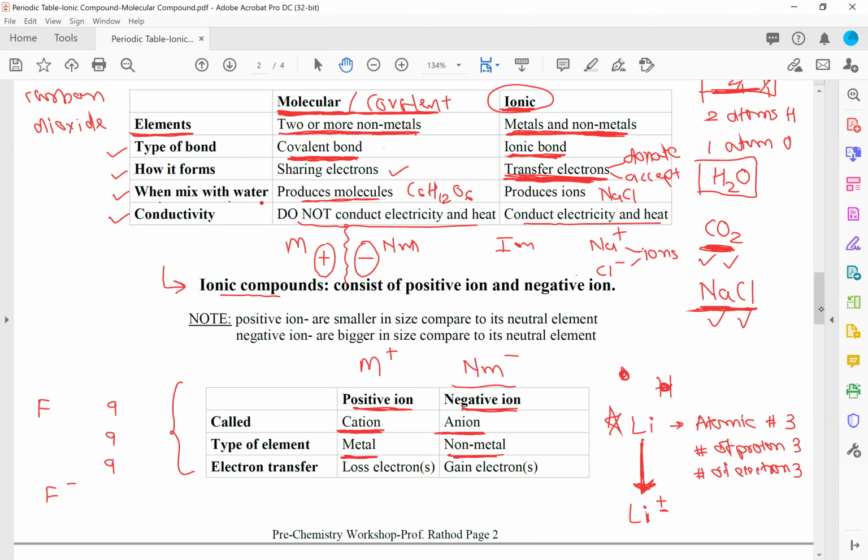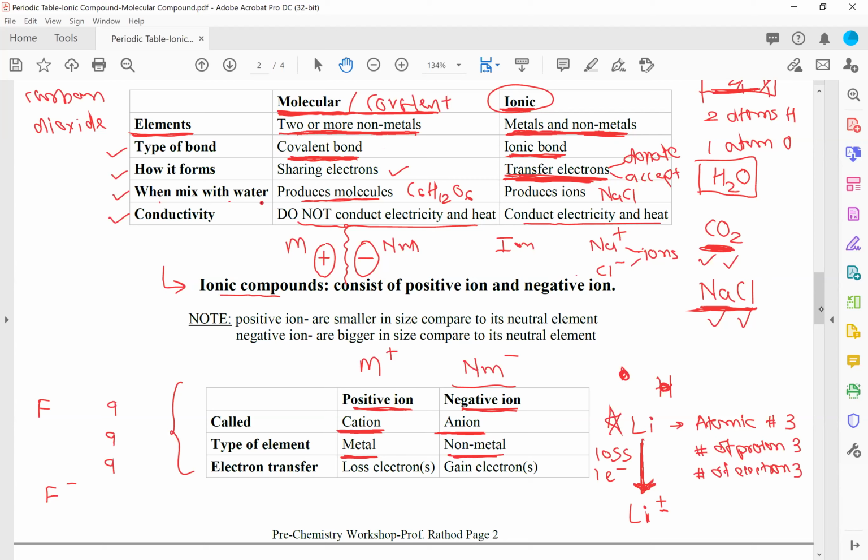So if lithium loses one electron, I write e minus because an electron carries negative charge, then it can become a lithium ion, Li plus. Here we are not talking about gaining one more proton, because there is no exchange of protons.